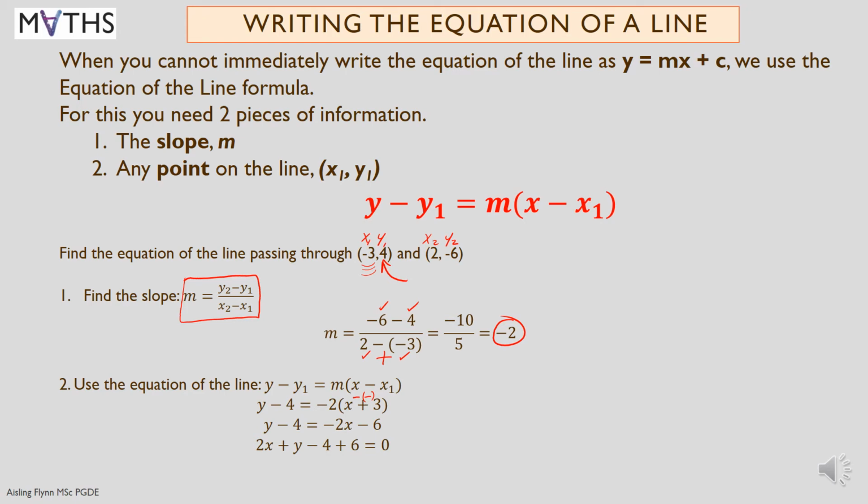So what we've done here is add 2x to both sides, left and right, and add 6 to both sides, and so you're left with 0 on the right hand side. And this is what we have on the left hand side, 2x plus y minus 4 plus 6, and the numbers we can combine there. We get 2x plus y plus 2 equals 0, and there's the equation of our line.